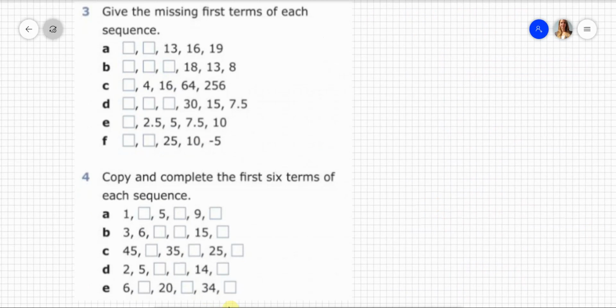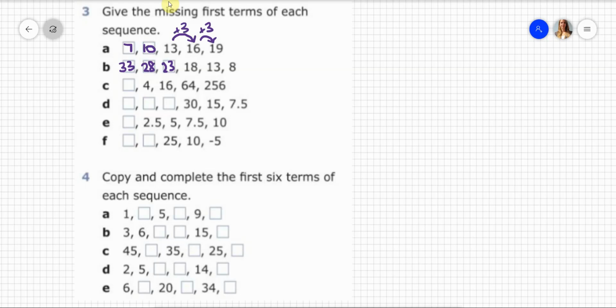So here we can see we've added 3 and added 3. So if we now have to work backwards, that must have been 10 and this must have been 7. For this one, it looks like the rule is subtract 5, so we have to work backwards. So it must have started at 33.